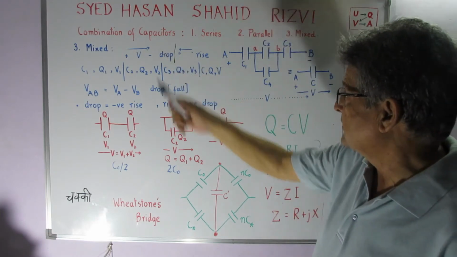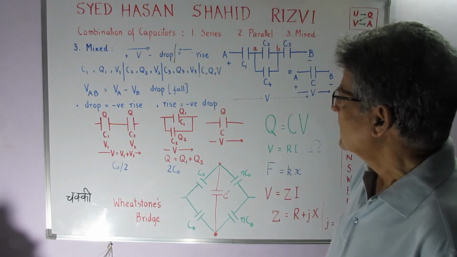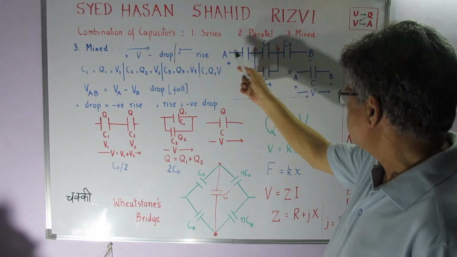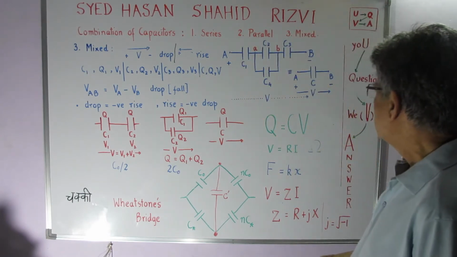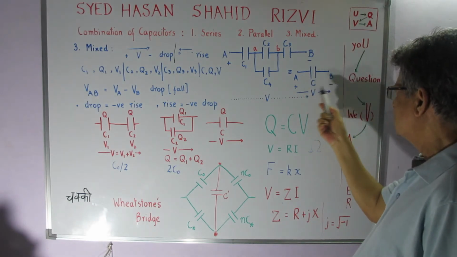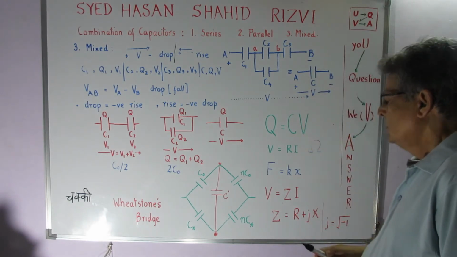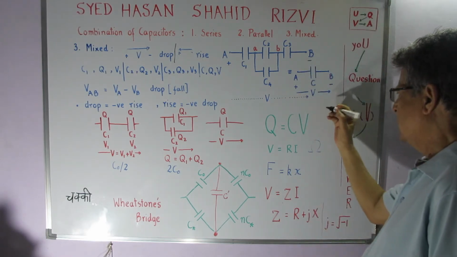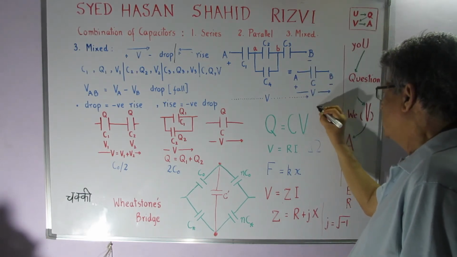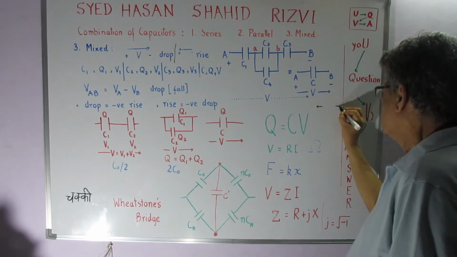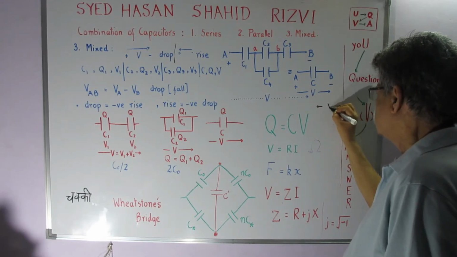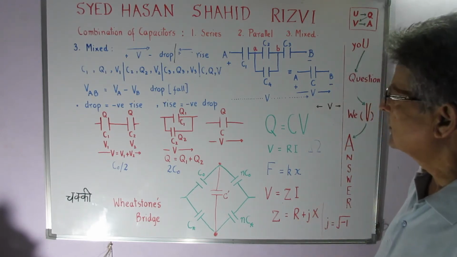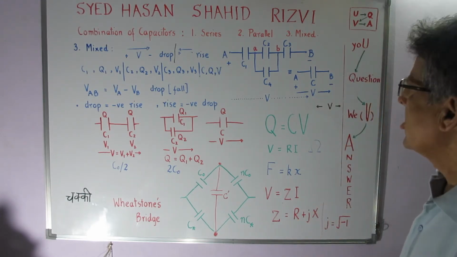So this is one of the symbols that I've used over here for a drop of potential from the point A to B, and also over here for the drop of potential from A to B. We don't write like this. That's not our cup of tea.